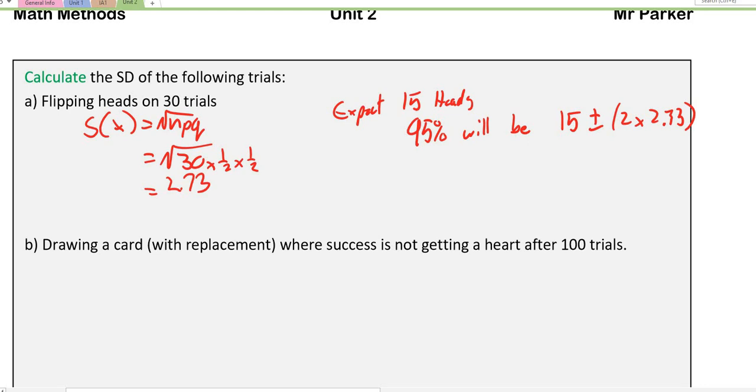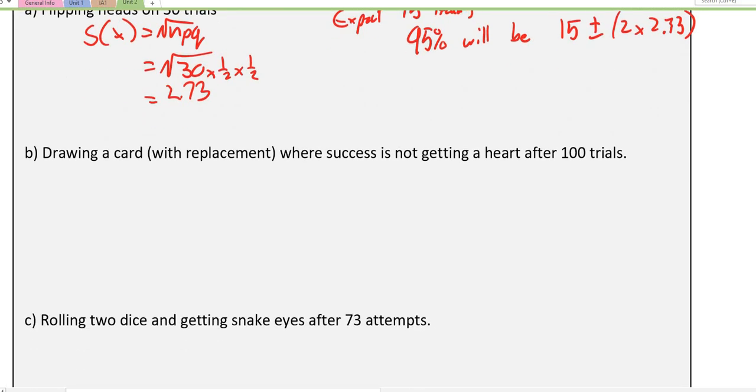Okay, let's find the standard deviation of drawing a card where success is not getting a heart after 100 trials. So we're doing 100 trials. Success is getting a diamond, a club, or a spade. We're trying to figure out what the standard deviation is. Now, we found the mean before was 75 wins.